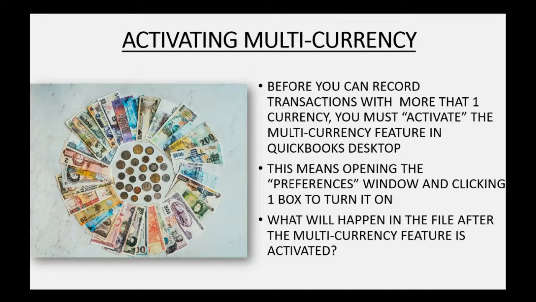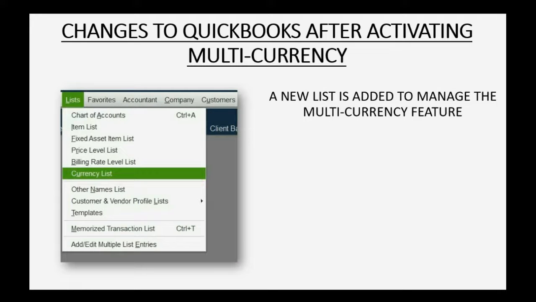But you may well ask, what will happen in the file after the multi-currency feature is activated? There are a specific set of changes that QuickBooks will make to the file at the moment that you activate the multi-currency feature. For example, a new list will be added to the main menu list choice in order for you to manage multi-currency.